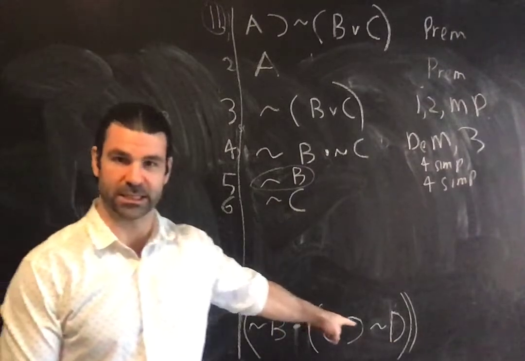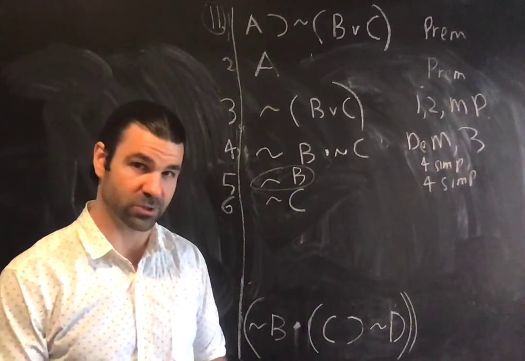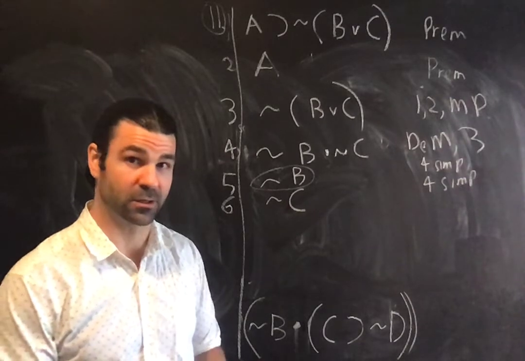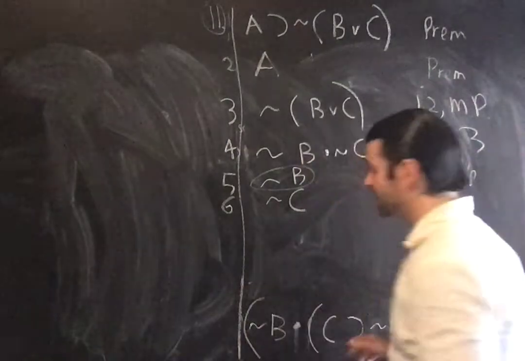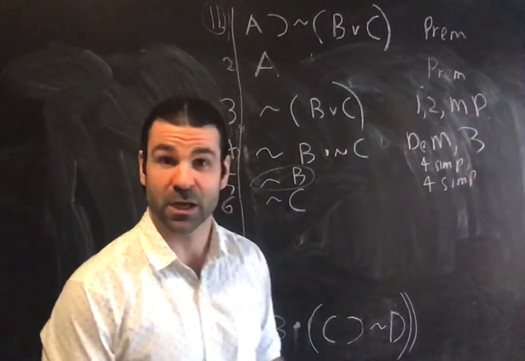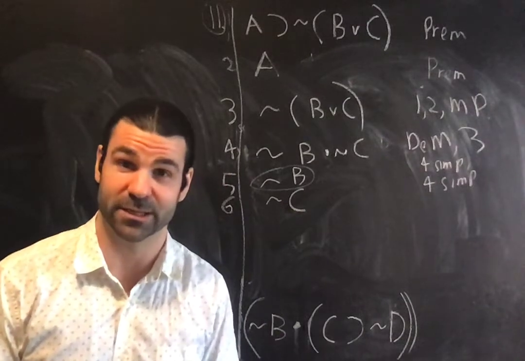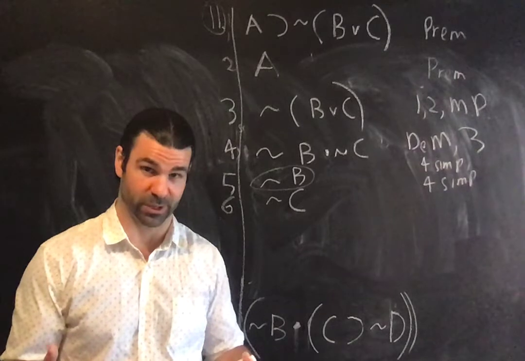But there's a not D in my conclusion. What do I notice about the premises? If I search for a D, there isn't any. There's no D's here, which alerts me to the fact that I'm going to have to pull D out of thin air, which means I'm probably going to have to use an add trick.